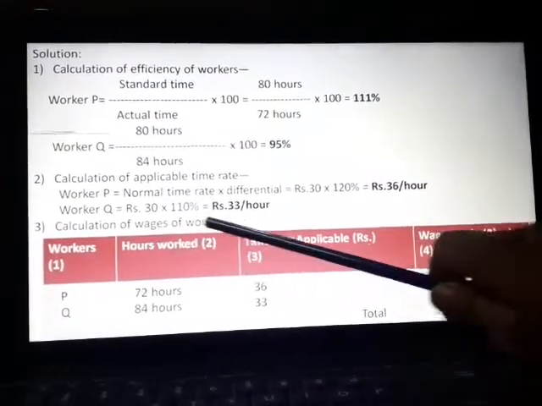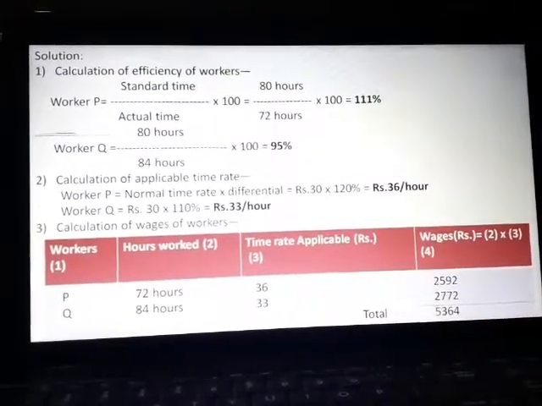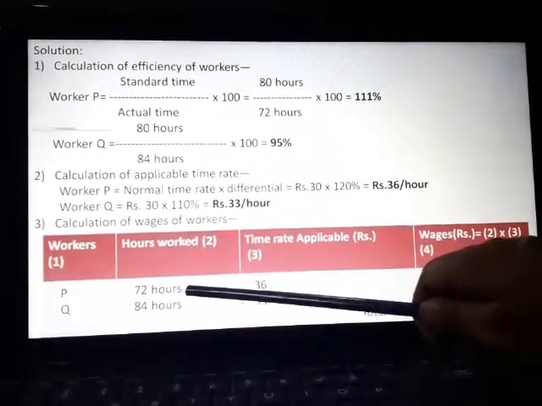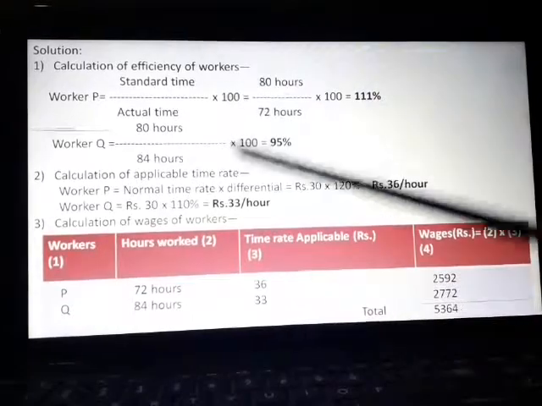Now calculation of wages is done in the same way as earlier. Workers P and Q worked for 72 hours and 84 hours as given in the problem.